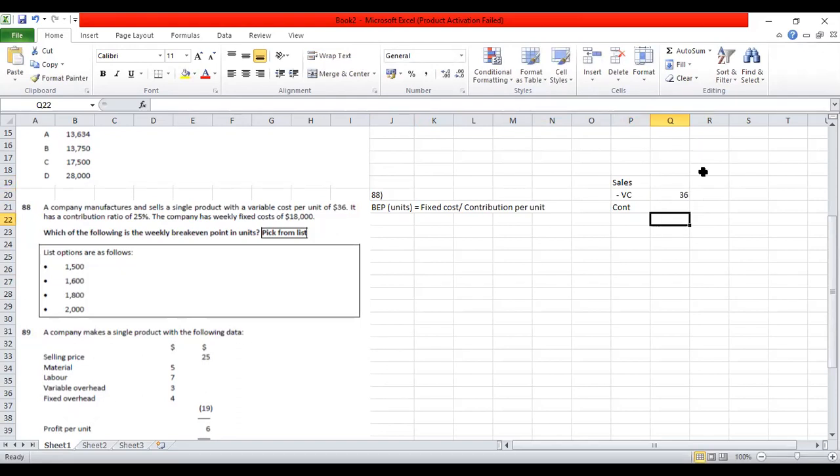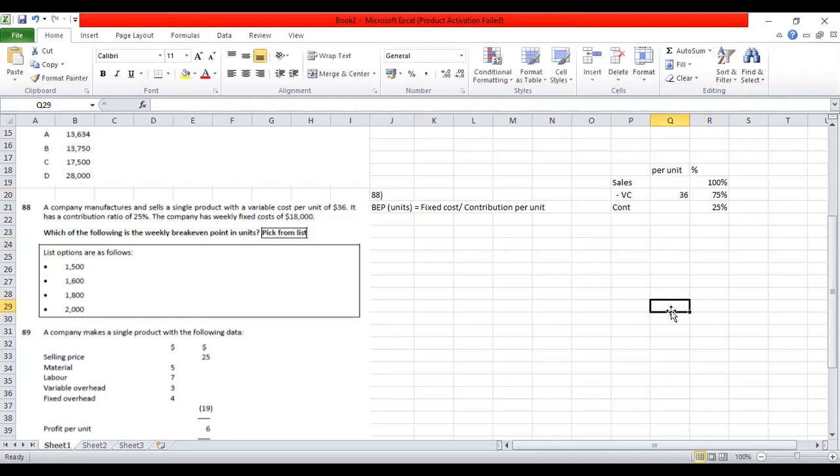But these are per unit, and this is expressed in percentage. So the only thing given to us is contribution percentage, 25%. Sales is always the base, which is 100%. If 100% is sales, contribution margin is 25%. So variable cost is 75%.